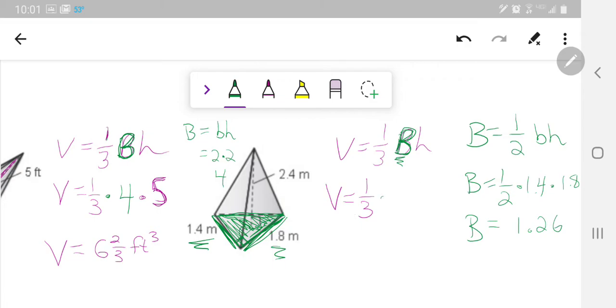So then we plug that in for the area of the base, the big B, 1.26.